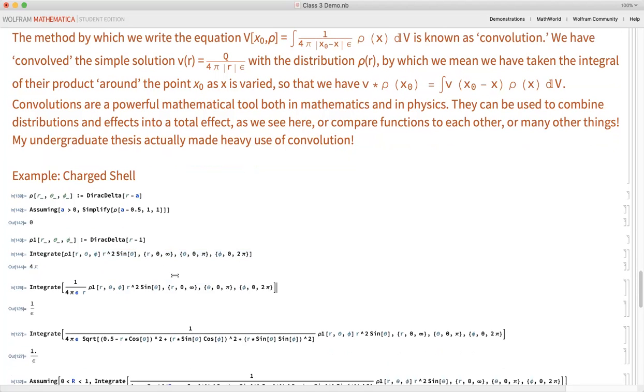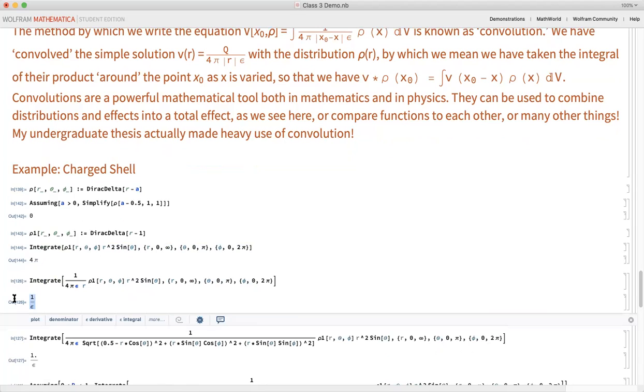So let's do this convolution. And this term here is just the spherical area element. It changes dv into dr, d theta, d phi. Well, let's integrate this and get 1 over epsilon.